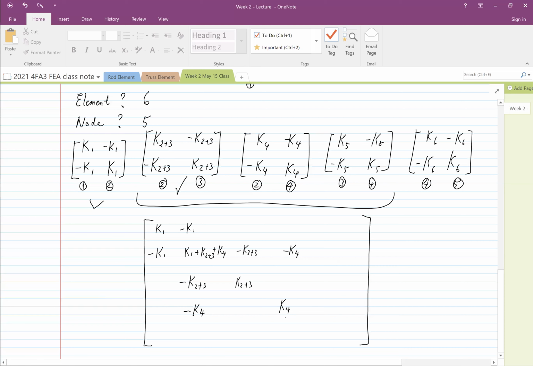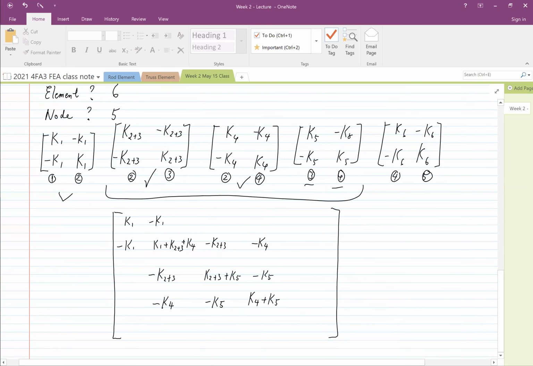K5 looks after nodes 3 and 4. So K5, negative K5, negative K5, plus K5.